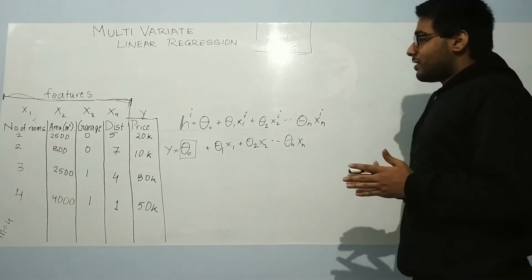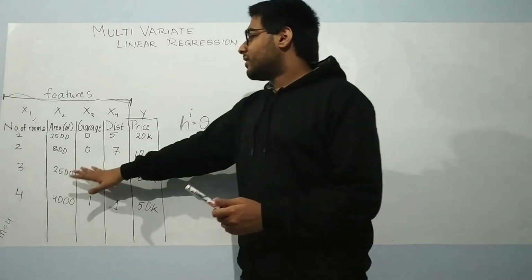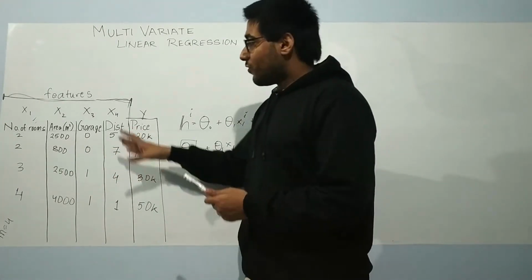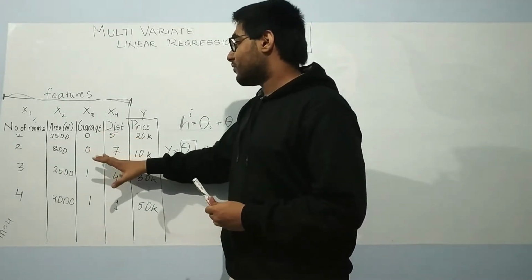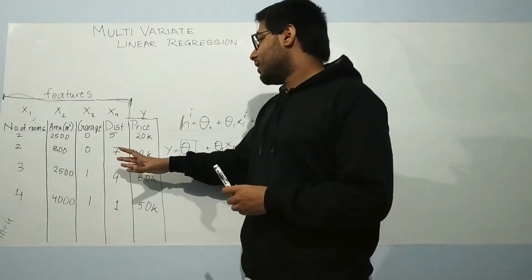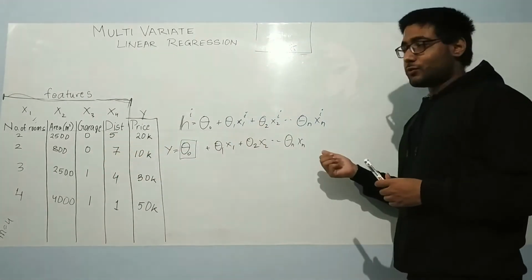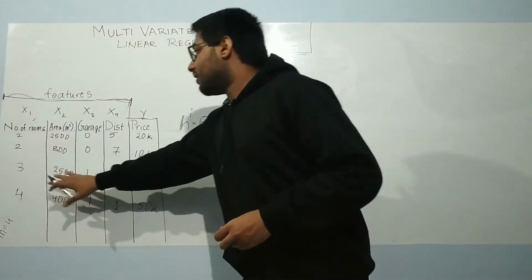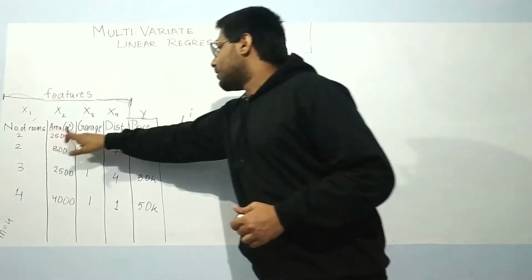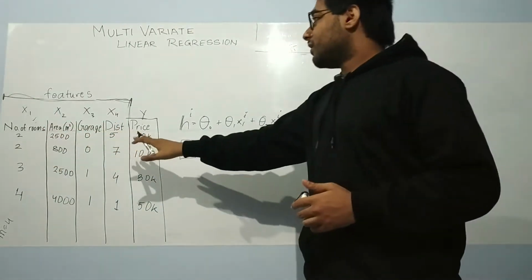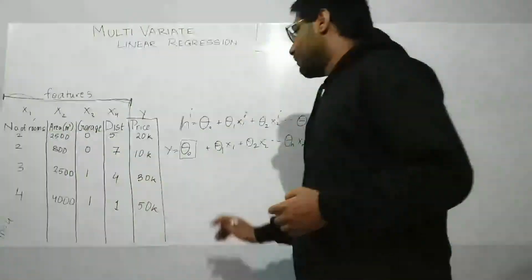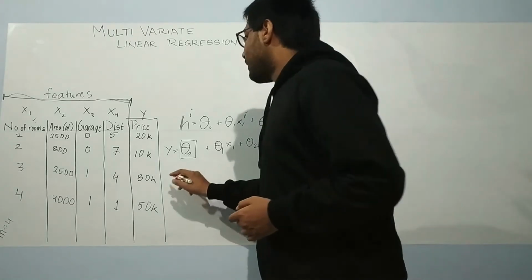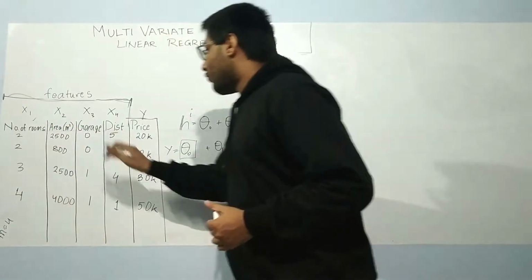Now, as you can see from this data set, can we represent it in the form of a matrix? If we represent it as a matrix, it will be much easier for us to represent this hypothesis equation. So the feature matrix, the 16 numbers that we have here, we can represent in the form of a variable x. There are 4 rows and 4 columns.